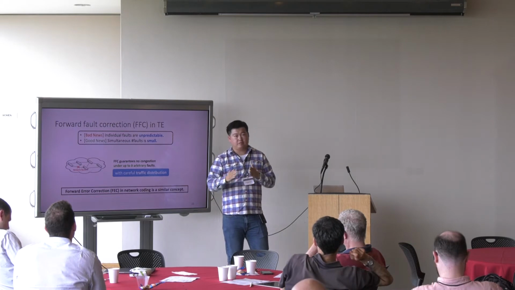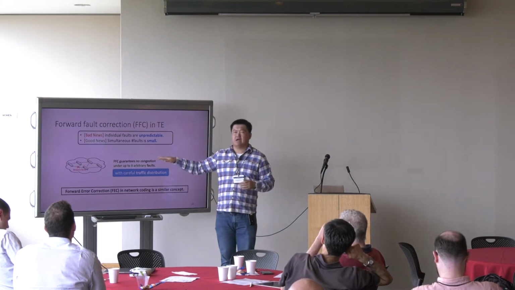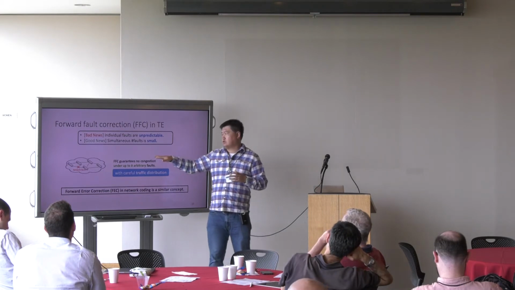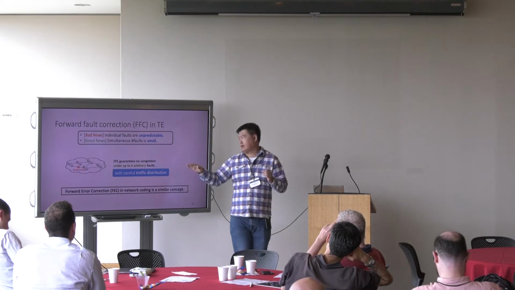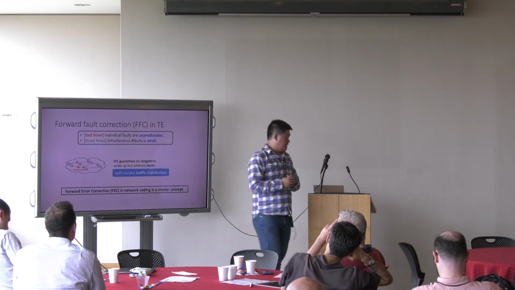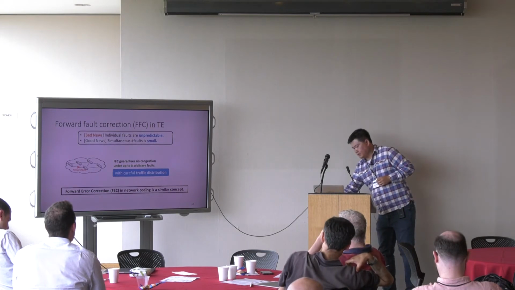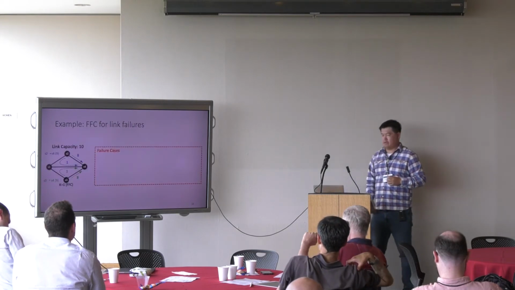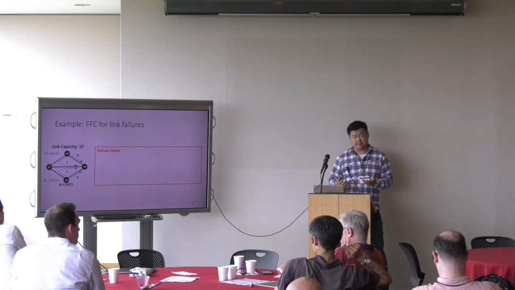I think this kind of philosophy happens everywhere, but it first happened in the traffic engineering domain: whether I can have traffic engineering that has this property. Let me show you an example that this kind of traffic engineering does exist.